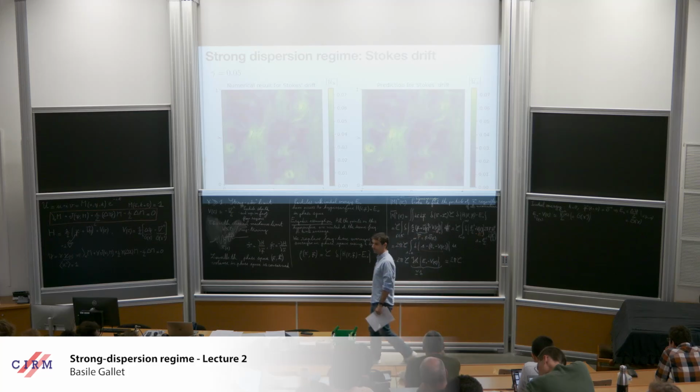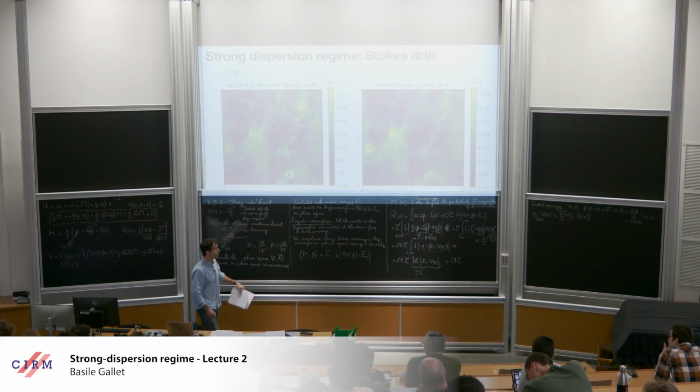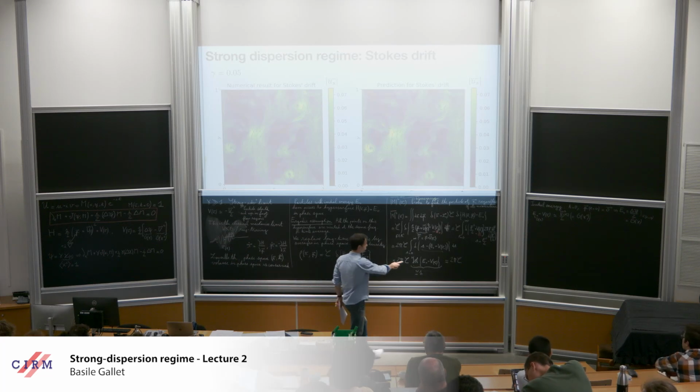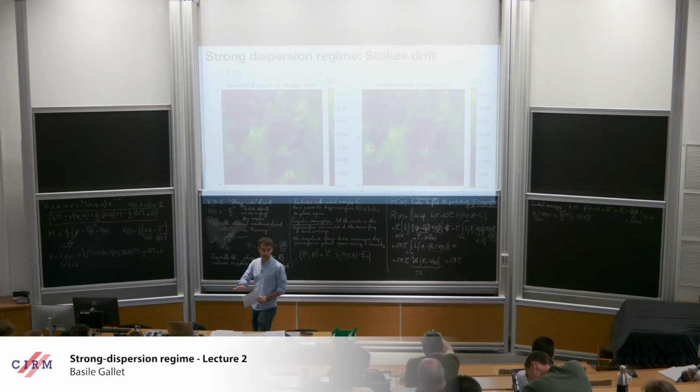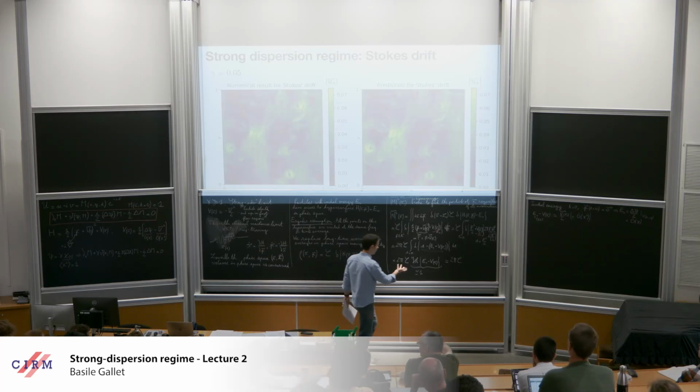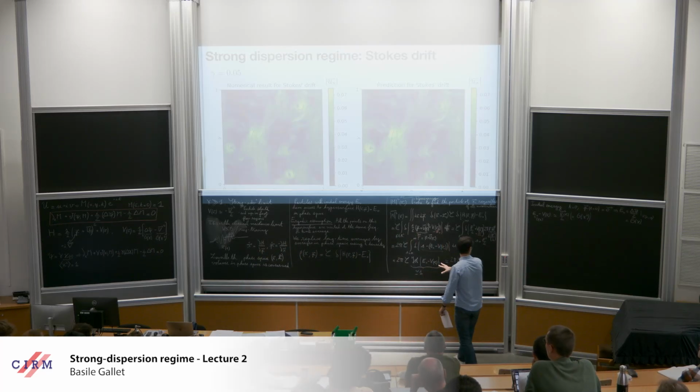Here, yes. That's what I'm claiming here, that the particles will be able to sample the entire spatial domain. Well, or not. That's when we're going to refine that almost everywhere.